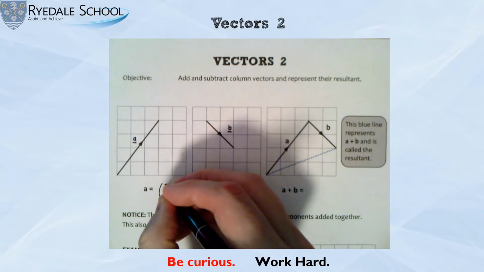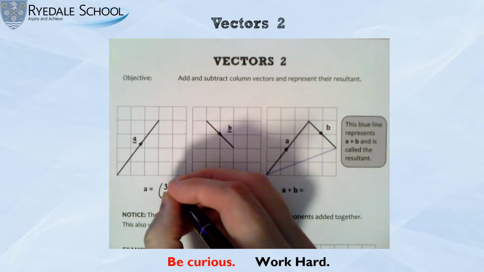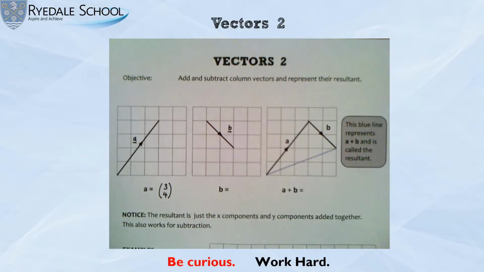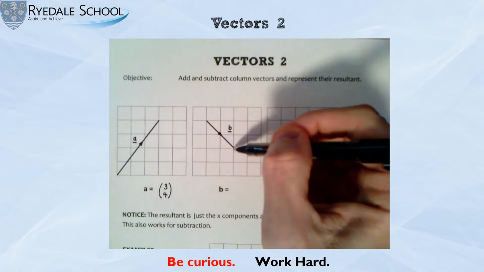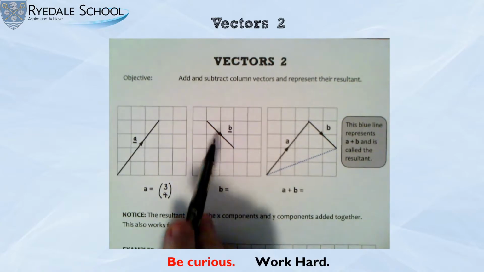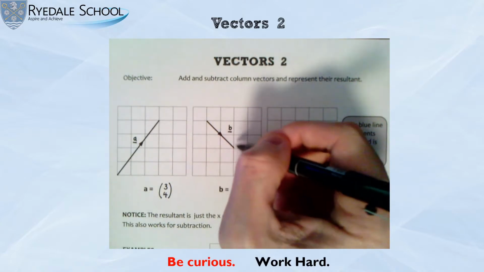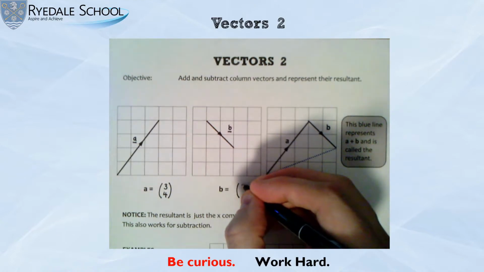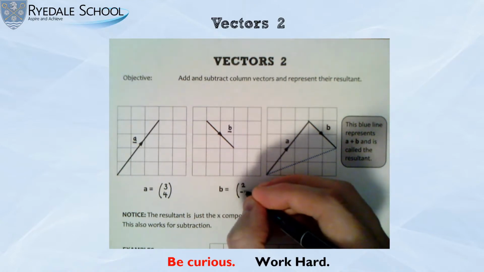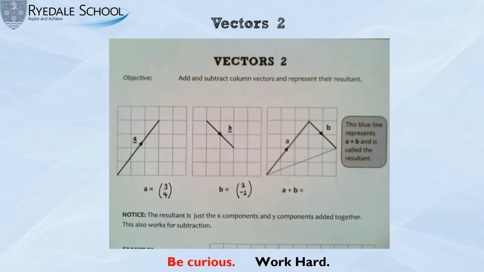So remember, we would write that one as 3, 4. And for B, I have gone 2 to the right and 2 down. Remember, we can tell that from the direction of the arrow. So 2 to the right and 2 down, and that is 2, negative 2.